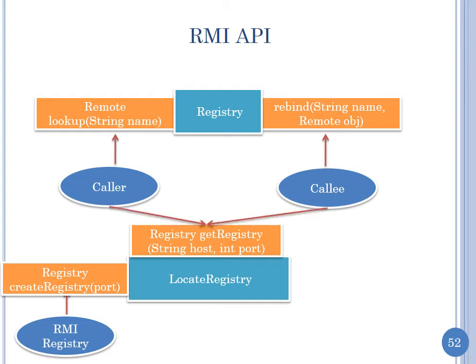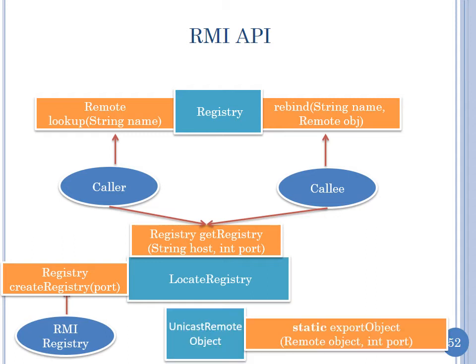Okay, so that's what this is showing, and both the caller and callee need to get a reference to the registry before they can do the rebind and lookup. Okay, and the registry just stores copies of registered objects, and those objects could be real objects or proxies.